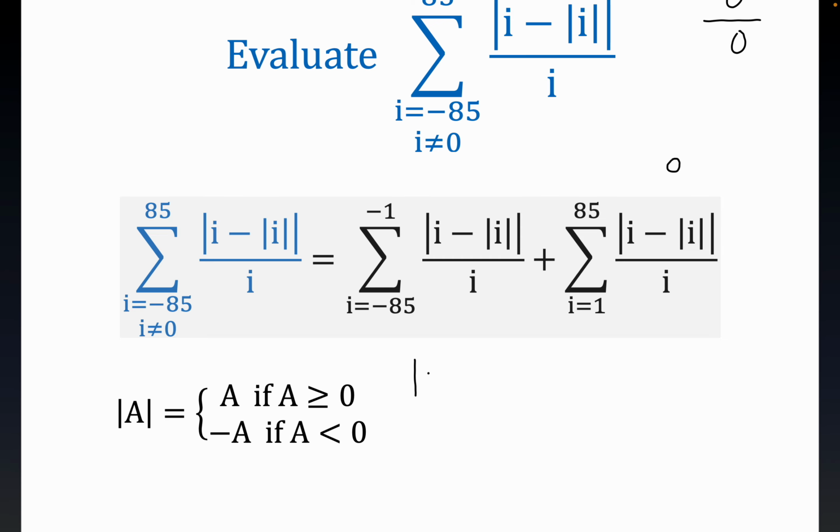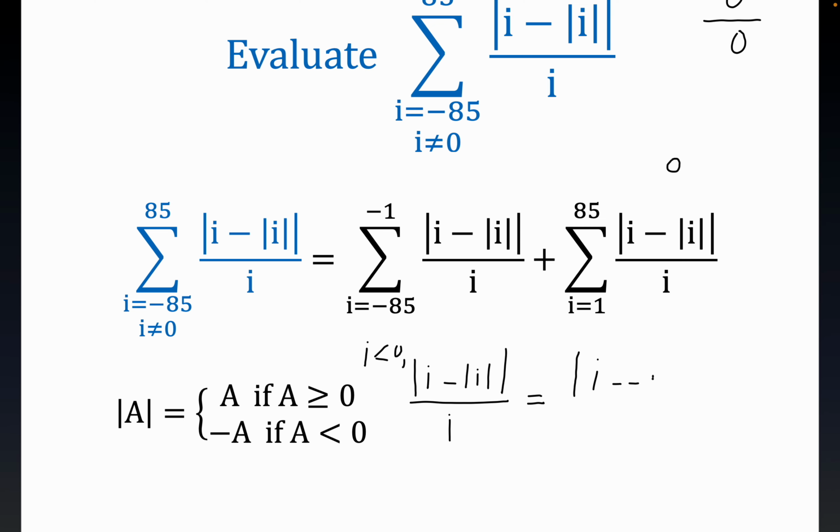Let me just rewrite this. i minus the absolute value of i. And again, you call this nested because it's an absolute value within an absolute value. Okay. Now again, using the definition of absolute value, if i is less than 0, which it is right here, then this becomes the absolute value of i minus a minus i.